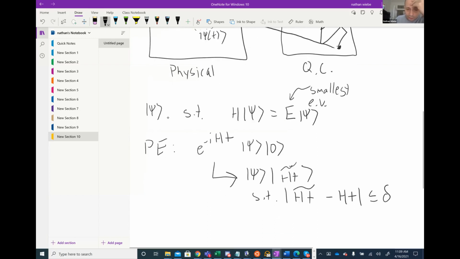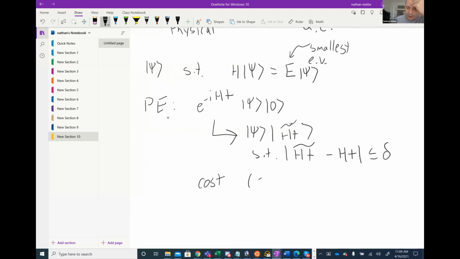And the cost for doing this, assuming that we want a constant probability of failure, is in order 1 over delta.